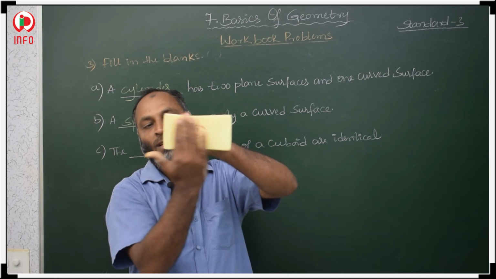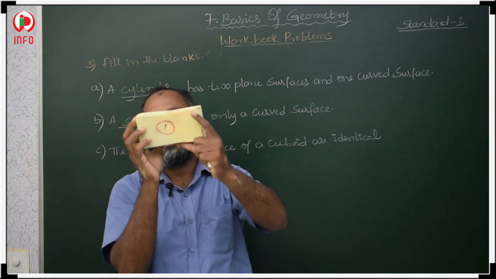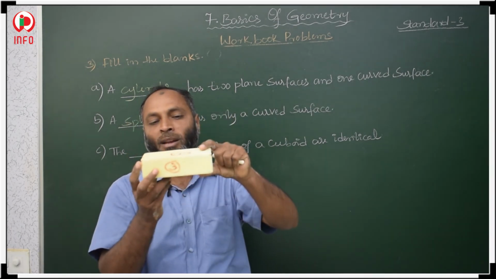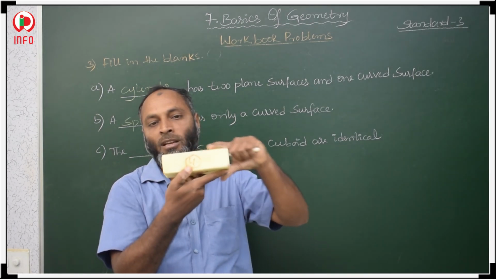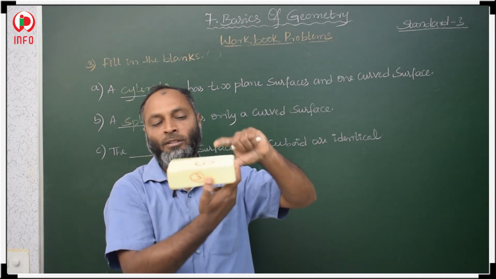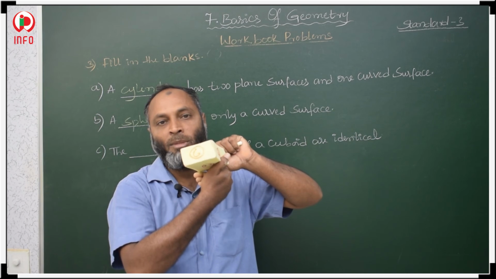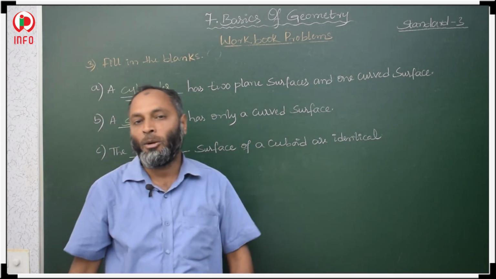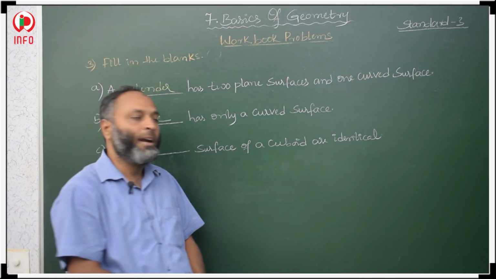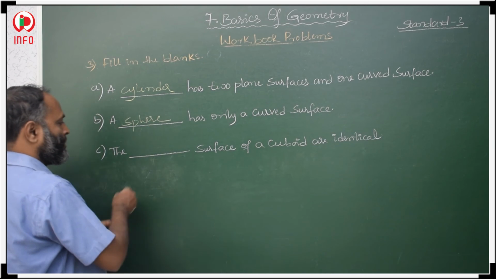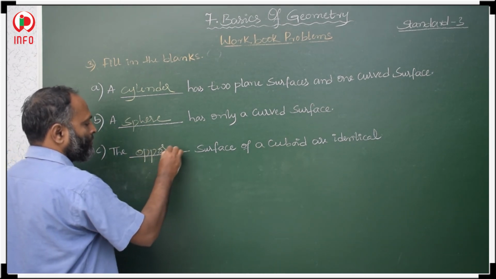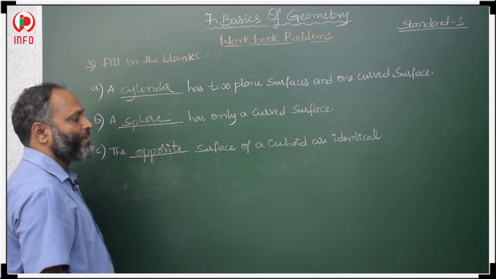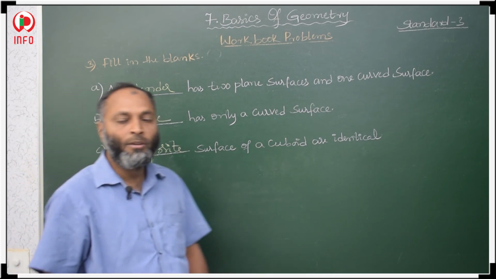If this face is identical to this face, it means opposite faces are identical. The opposite surfaces of a cuboid are identical. Okay.